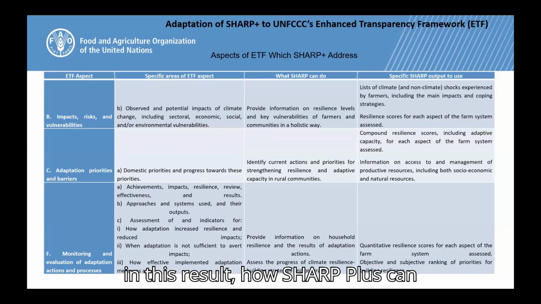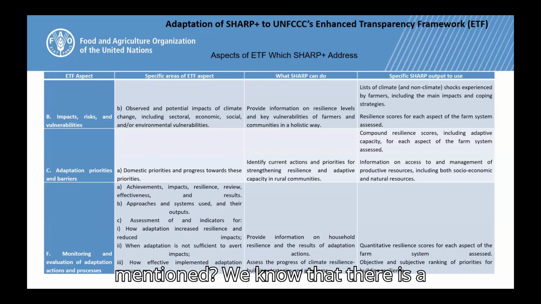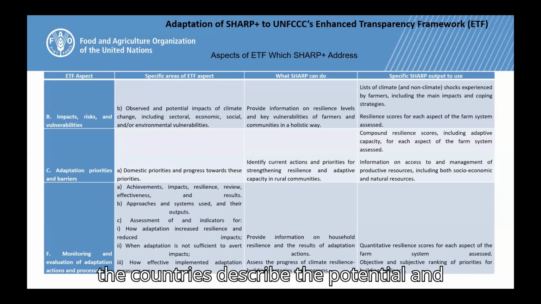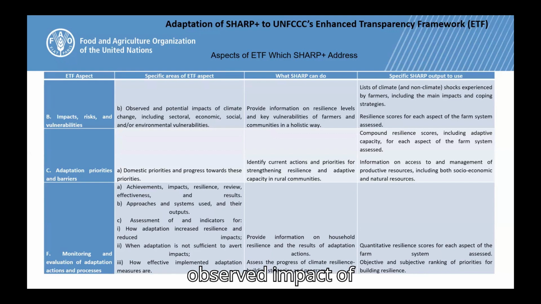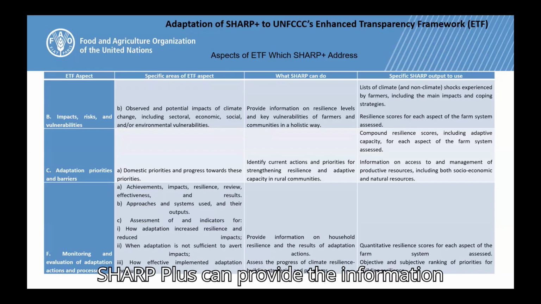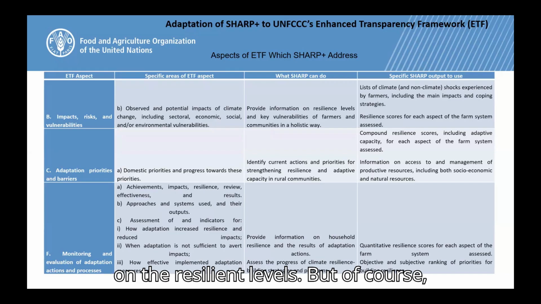So in this regard, how can SHARP Plus contribute to the reports that I mentioned? We know that there is a section on impacts, risks, and vulnerabilities, where the countries describe the potential and observed impact of climate change. In this sense, obviously, SHARP Plus can provide information on the resilience levels. But of course, the information should not be scattered.